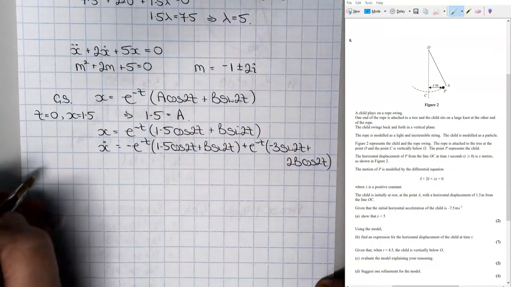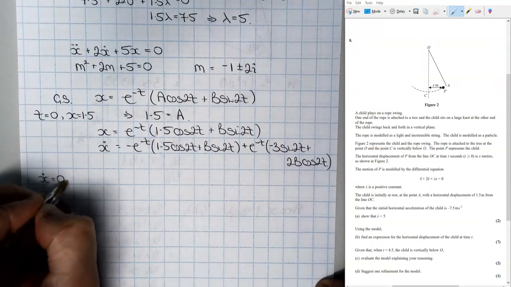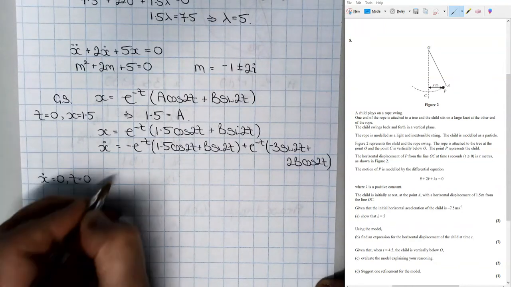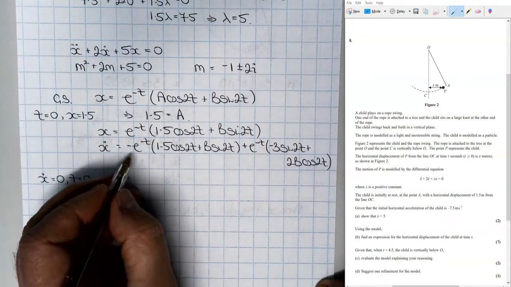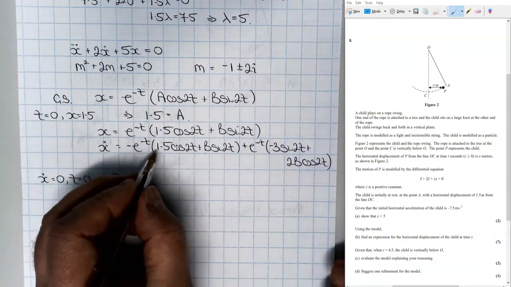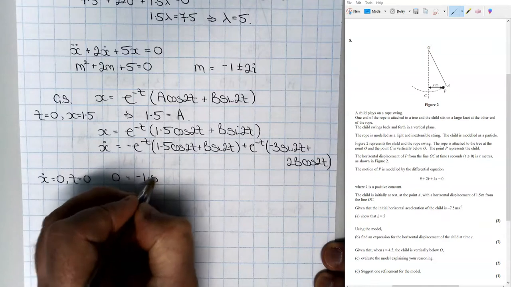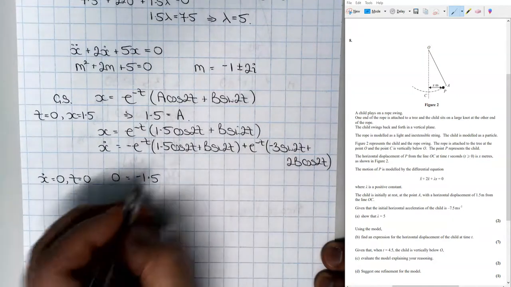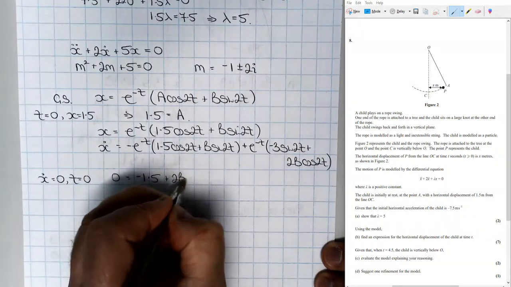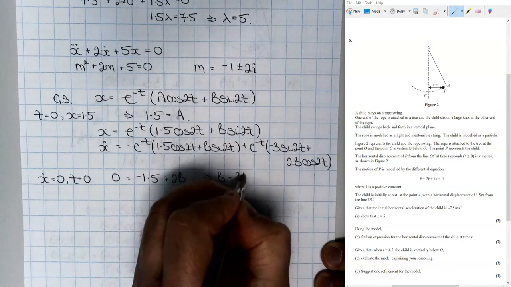Okay, and we know that dx by dt equals 0 when t equals 0. So we get 0 equals minus 1.5 plus 2b, since the sine terms are 0, which tells us b equals 3/4.